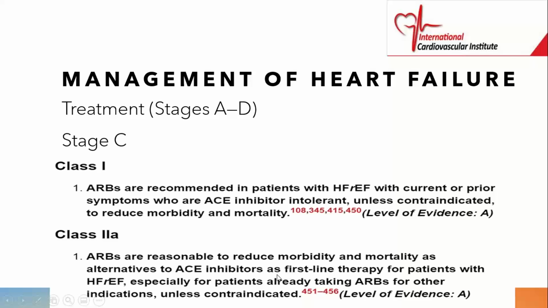Okay? And in one scenario, if you were treating the patient for hypertension and they were on an ARB for the hypertension, you probably want to leave them on it and then add your beta blocker and stuff like that. But the class 1 indication for ARB is when they're intolerant to the ACE. Okay?